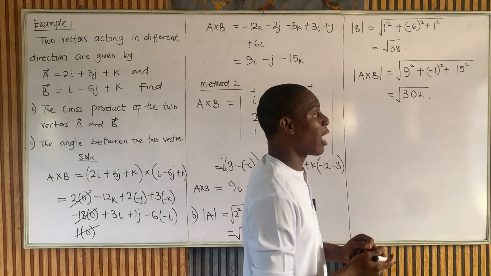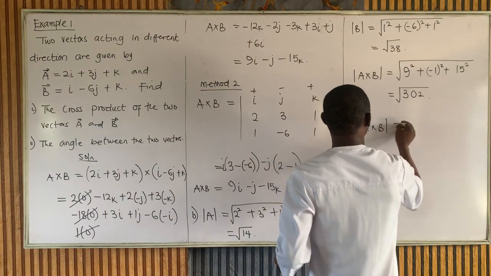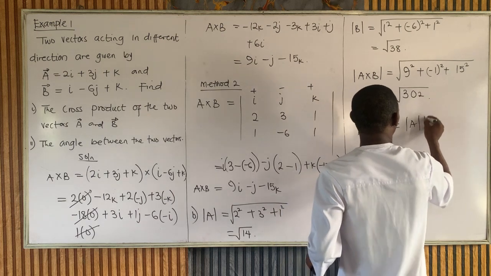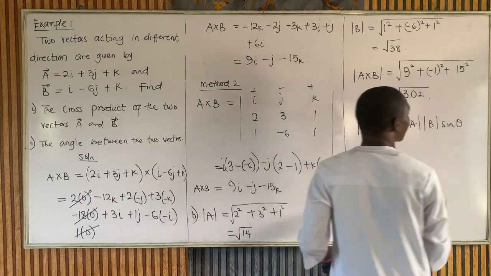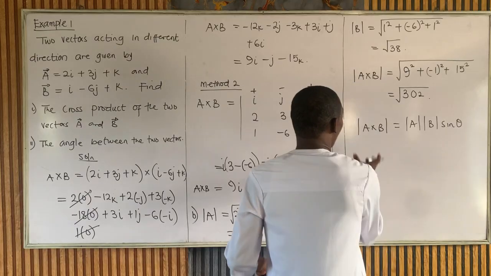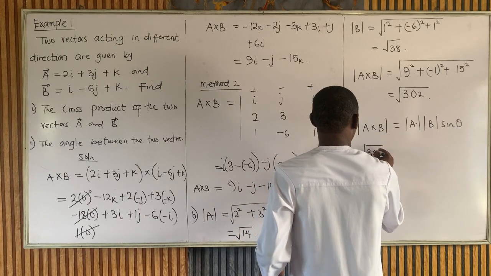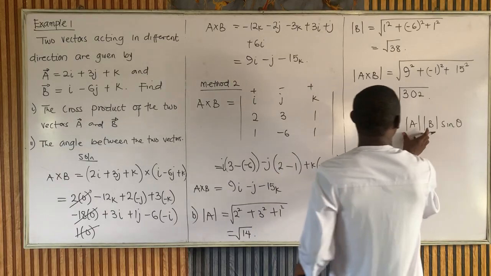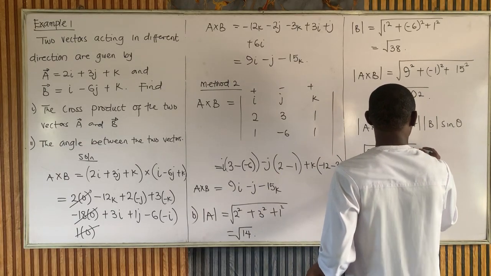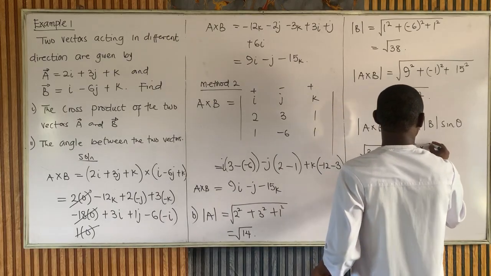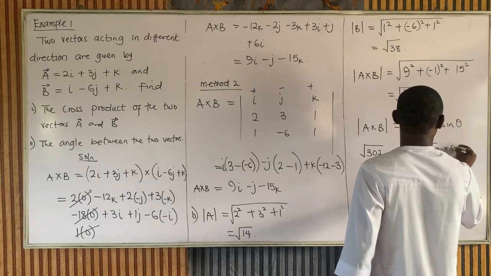Now let's go and look for our angle. Remember that magnitude of A cross B is equal to magnitude of A, magnitude of B times sine theta. So I need theta now. That's what the question says I should look for. I already have this 302 is equal to magnitude of A, that is root 14, times magnitude of B, that's root 38, then times sine theta.